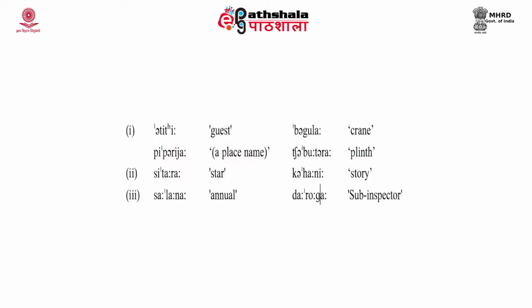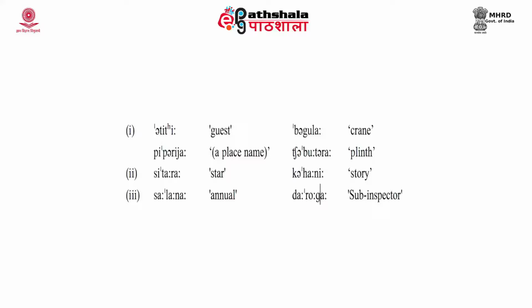Now these examples are given in these 3 groups. So we have Atithi, Bagula, Pipariya, Chabutara. The stress is always on the antepenultimate syllable. That is the 3rd from the right. In the second group, we have Sitara, heavy syllable, but not the final one, as in Malayalam, but the middle one.